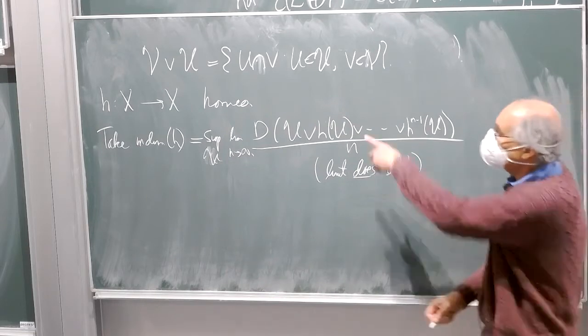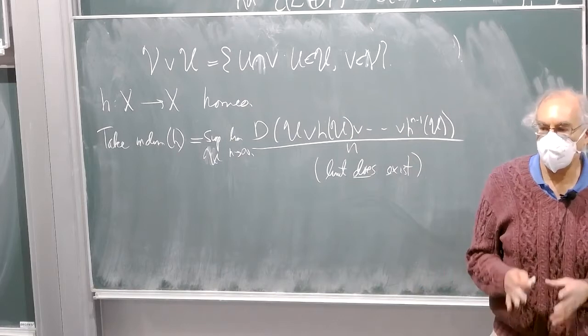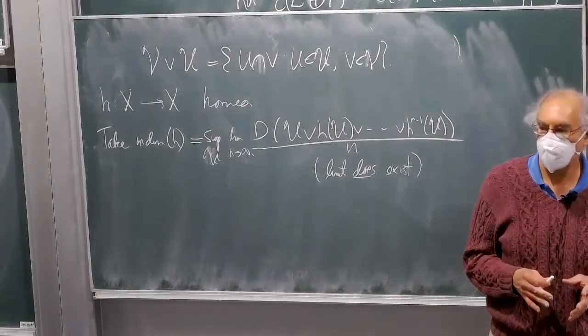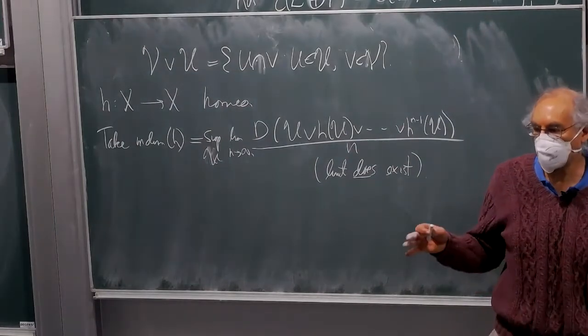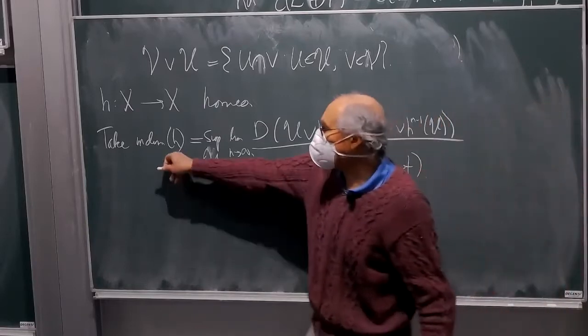So with each iteration of H, starting with the open cover U, I see in principle more of the space. How much more do I see? Well, in the limit, I see this much more.